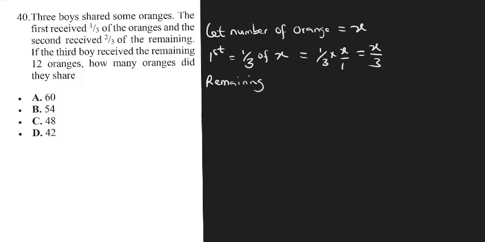It's going to be the oranges minus the first one that we've subtracted, 1/3 X, because the first person has taken X/3, right? So if you want to get the remaining, we have to subtract it from our main number of oranges.